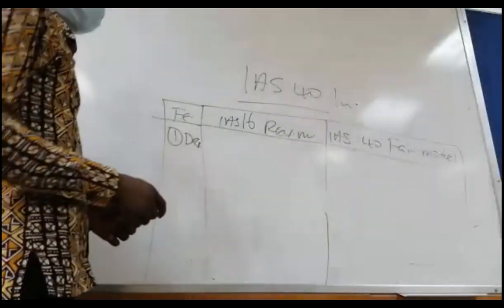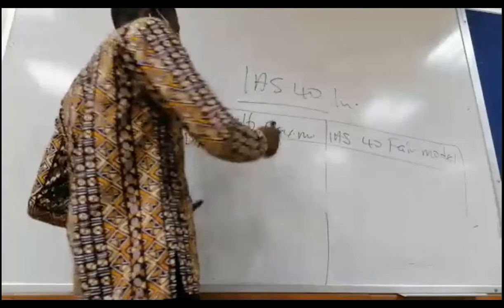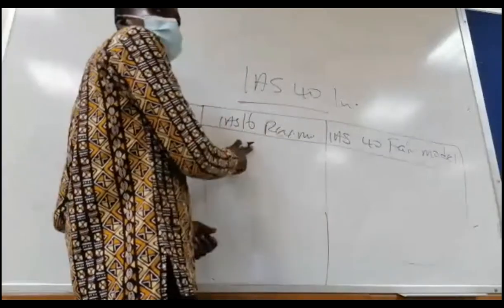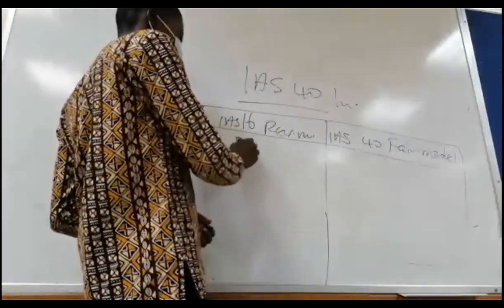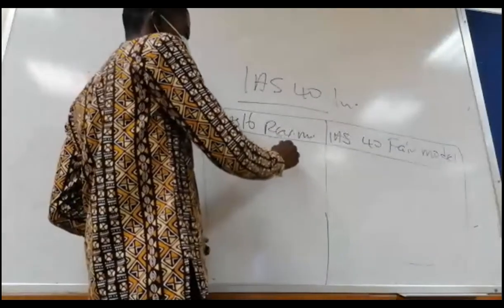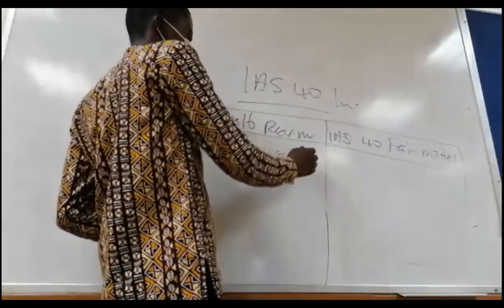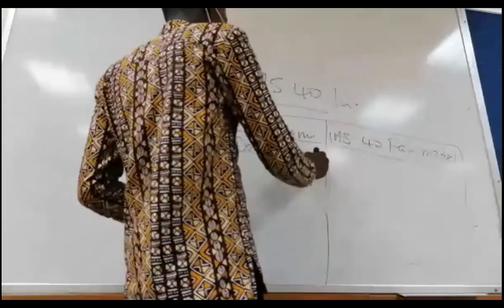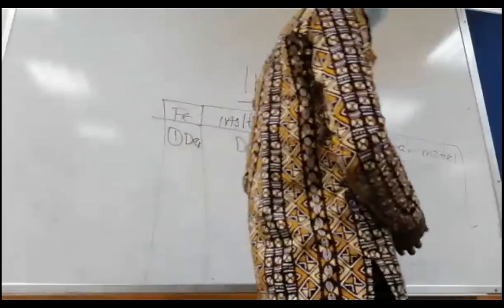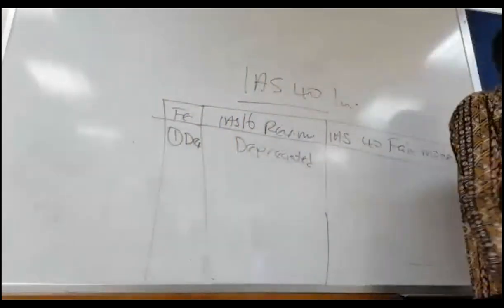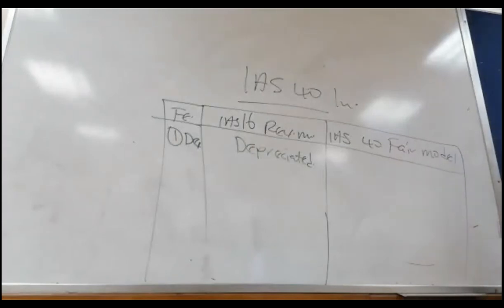For the IAS 16 revaluation model, we depreciate the assets. So depreciation is conducted, we charge depreciation, and the asset is depreciated.